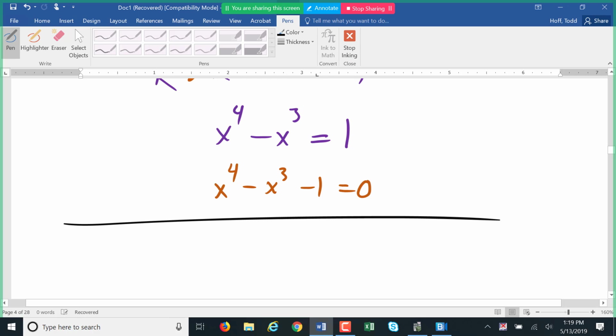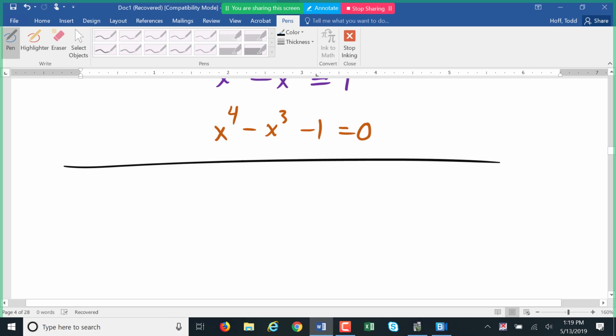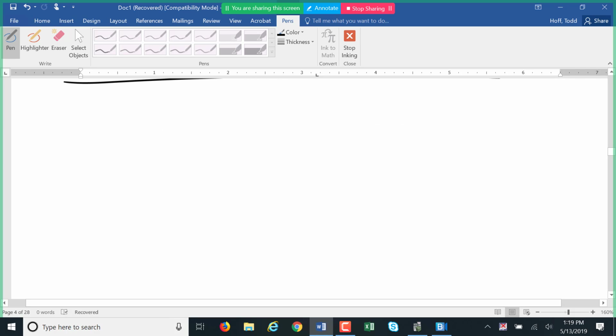Okay. Next step, I want to get the natural logs in there. So what would we do here?